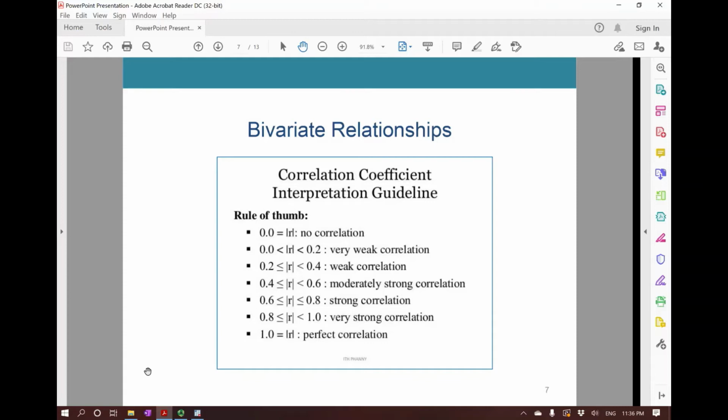However, in real world empirical research, I also see, for example, authors interpreting a correlation coefficient of 0.3 to be moderately strong. And for example, a correlation coefficient of 0.65 to be a very strong correlation. So in the real world, sometimes the interpretation may vary in different fields and by different authors in different communities.